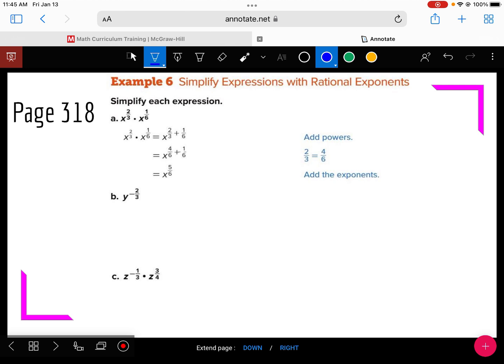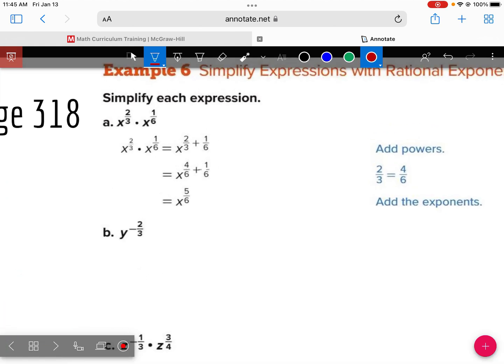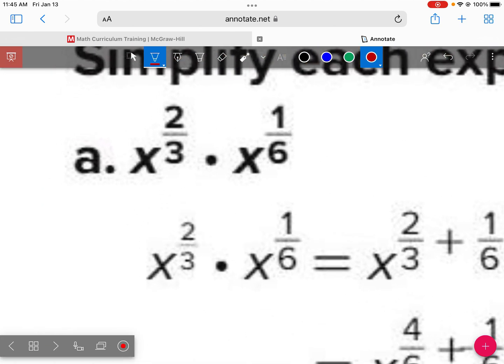Last example. First one, they have pretty much completely filled in for us, but it gives me a chance to talk about what's happening here and a rule of exponents. Do you guys see how we have x multiplied by x? And each of those x's has an exponent with it.